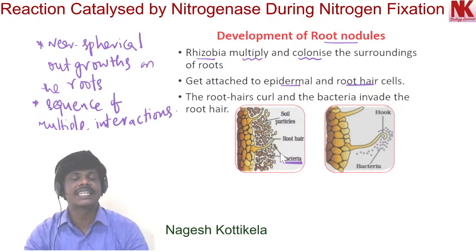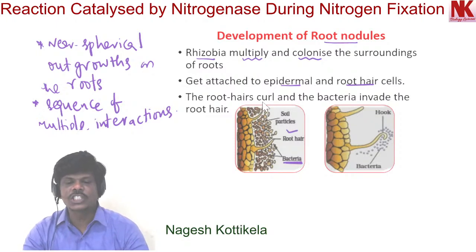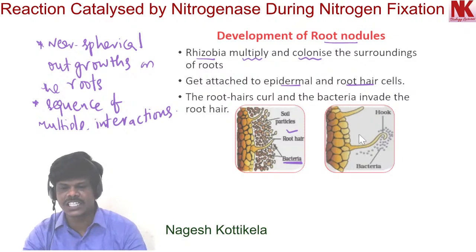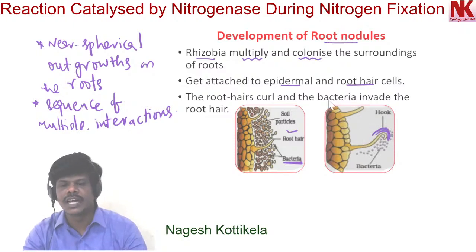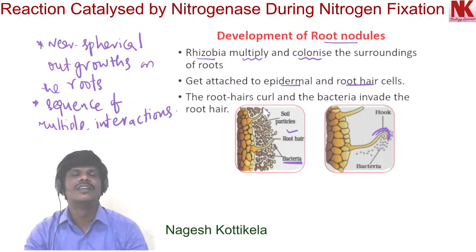After that the root hairs curl and the bacteria invade the root hair. You can see the root hair curling like this. After this curling of the root hair, the bacteria invade it. This is how the bacteria enter into the roots.